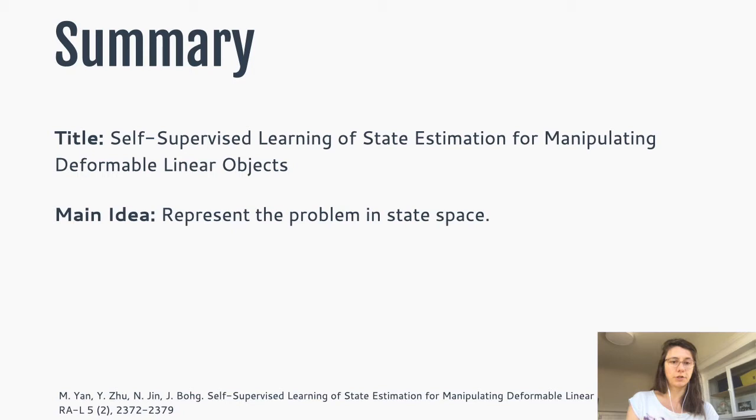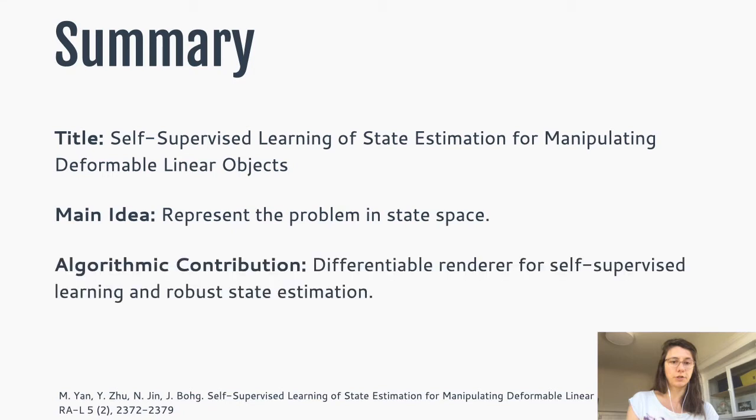The main idea that we had here, which is somewhat different from related work, is that we really just stick to the state space representation and actually represent the rope with a set of nodes on it and their positions instead of some learned latent representation. And the algorithmic contribution in that work is a differentiable renderer for self-supervised learning.